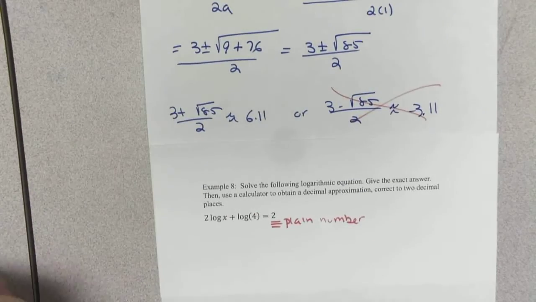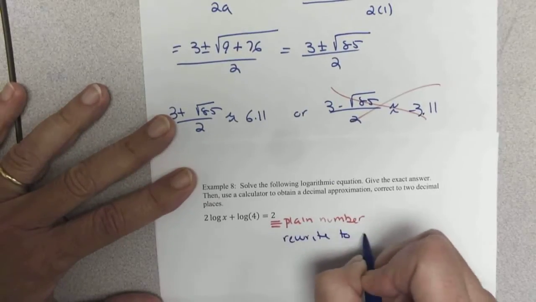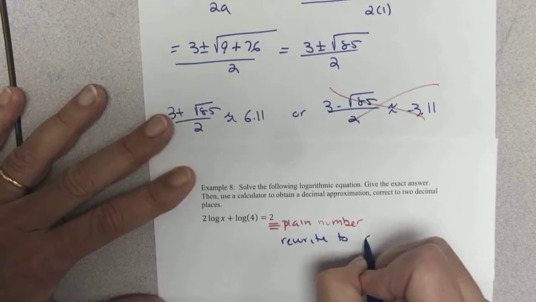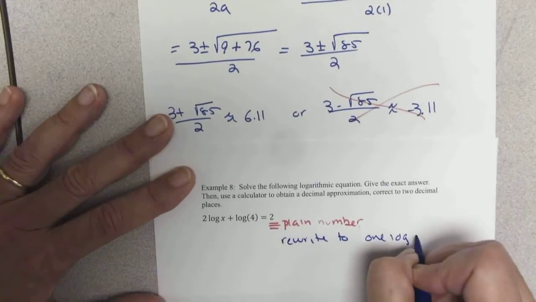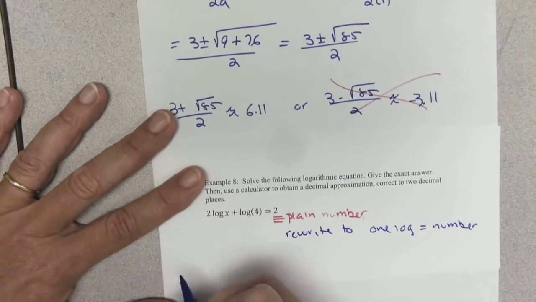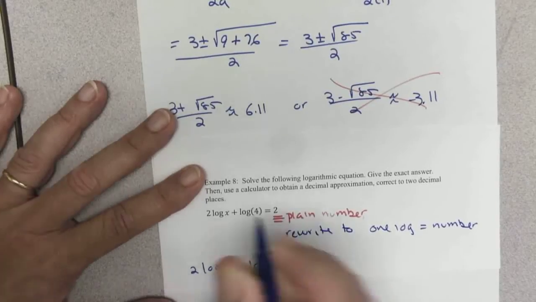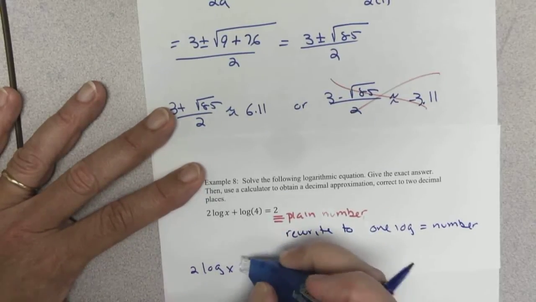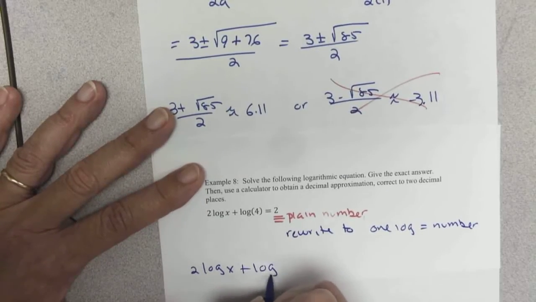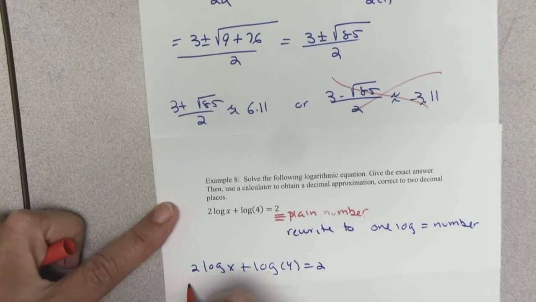And so that tells me to rewrite to 1 log equals number. Which means I'm going to have to do some combining over here.